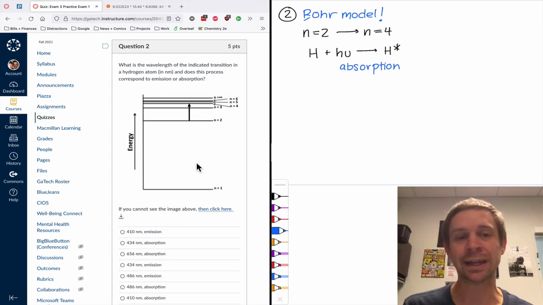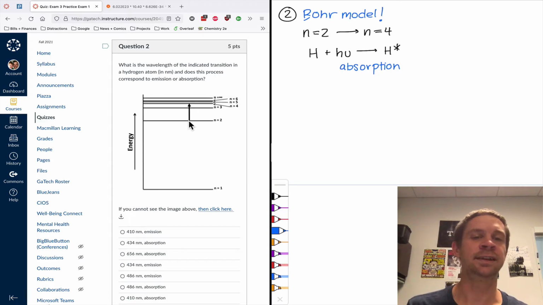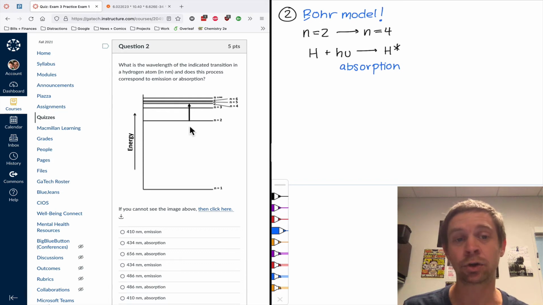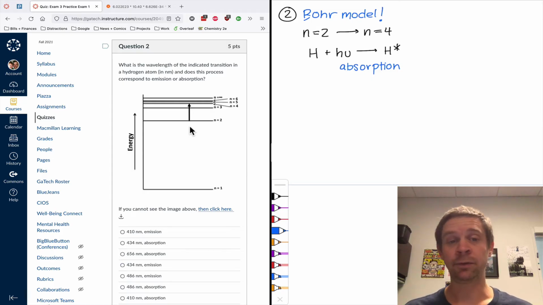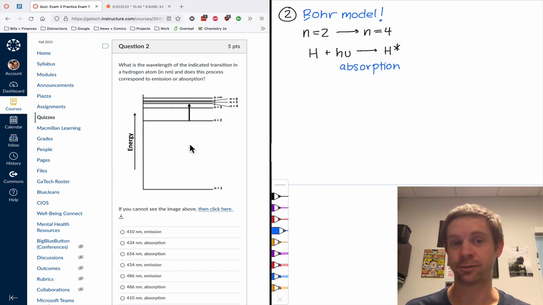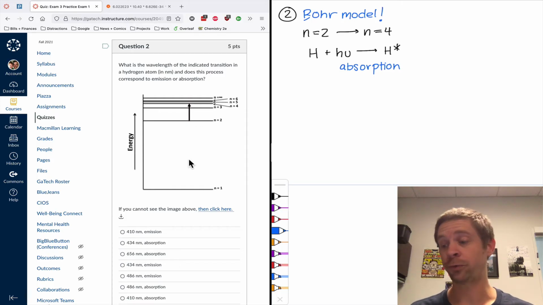The other important thing we get out of that analysis is the energy gap right here corresponds to the energy of the photon that is absorbed. And if we can figure out that energy gap using some kind of equation, for example, we are able to figure out the energy of the associated photon and its associated wavelength.